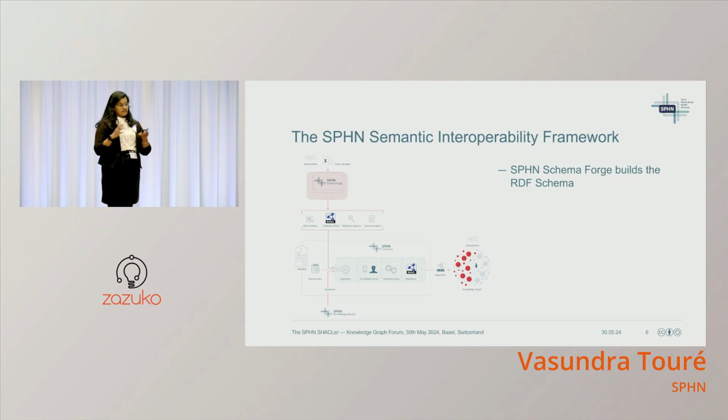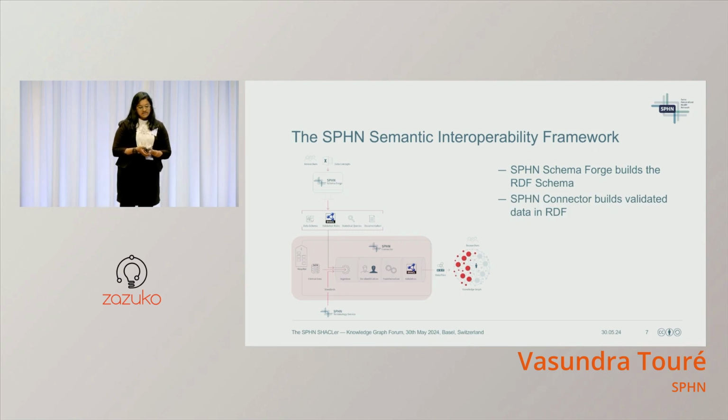Then once you have all this bundle, whether it's an SPHN RDF schema or a project-specific RDF schema, this can be given to the data providers, so mainly here the hospitals, for instance, who will take this bundle and will deliver data according to these schemas.